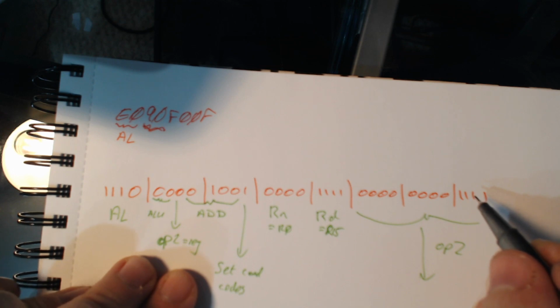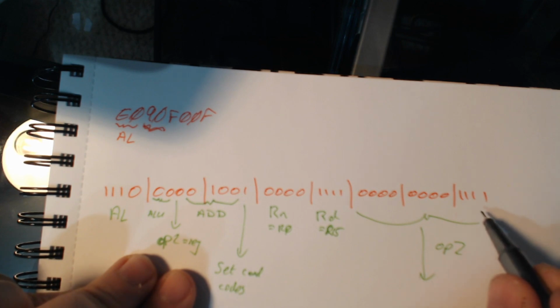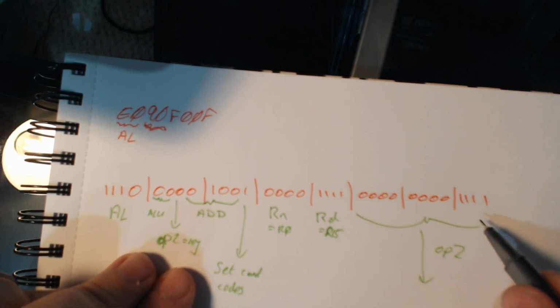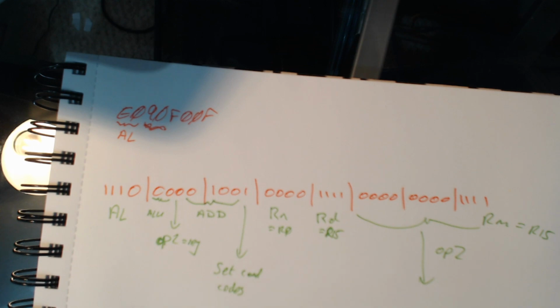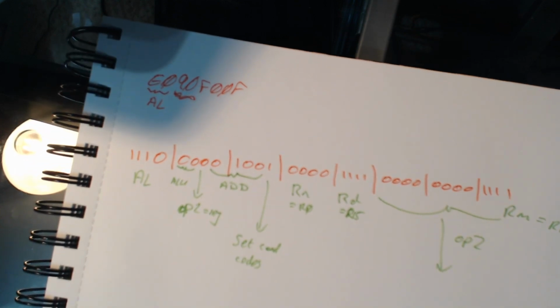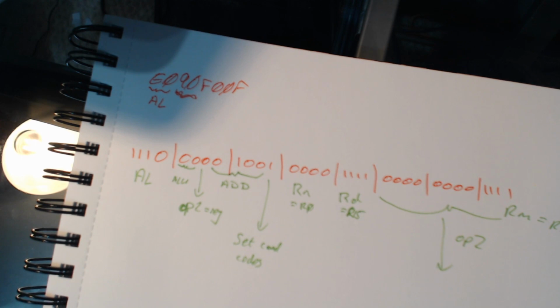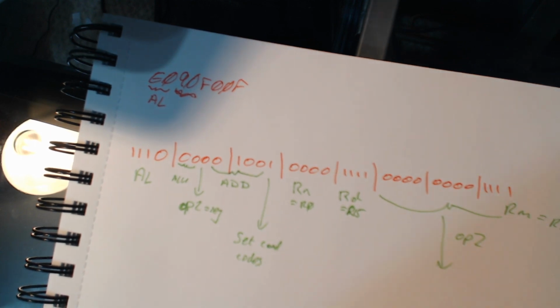Oh, I think I've used that as an immediate, and it should have been the register number. So Rm equals R15. And I've just used 15 instead of register 15. Oh, what an idiot. And then the rest is a shift field, so that's all 0.